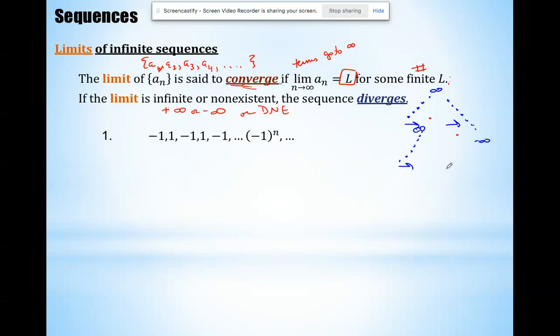Diverge. For a common ratio of negative 2, we had the bounce scenario.